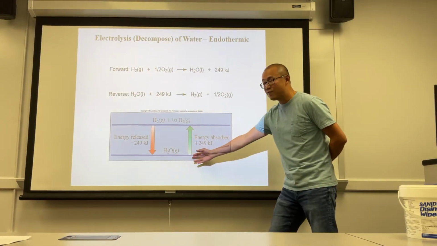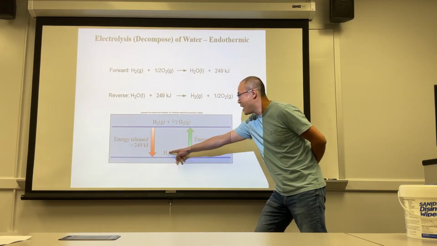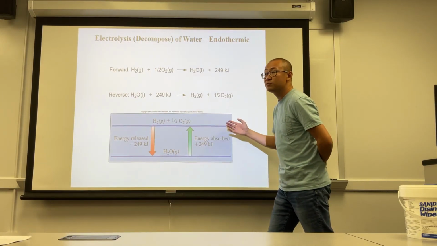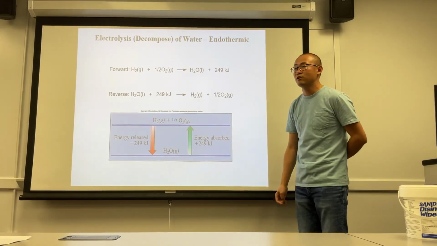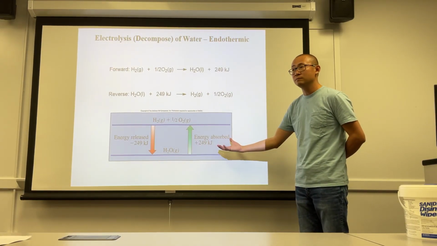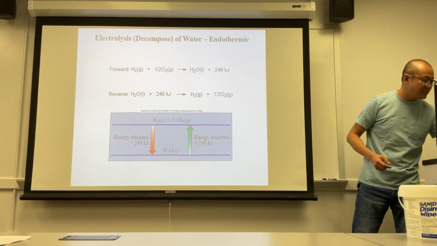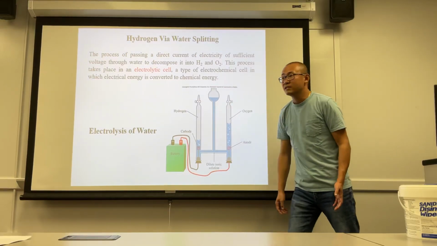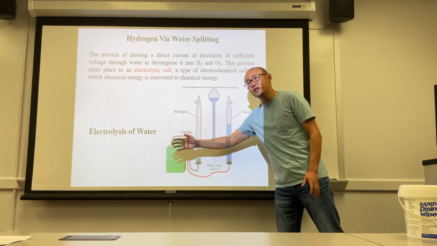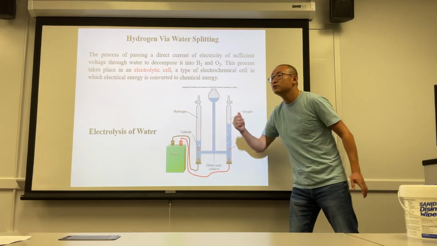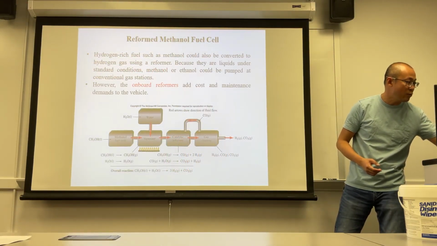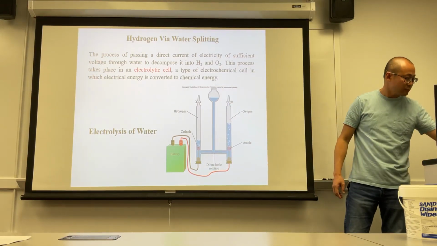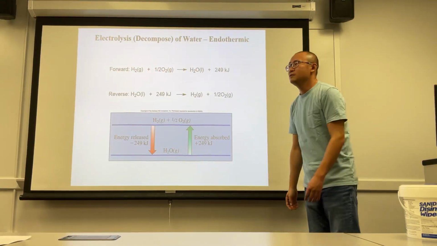And then if you want to split water back to hydrogen and oxygen, you need to absorb 249 kilojoules of energy in order to do that. And of course, in an electrolytic cell, the energy absorbed is from the battery. So that's why we're saying we're converting the electric energy to chemical energy now stored in hydrogen.